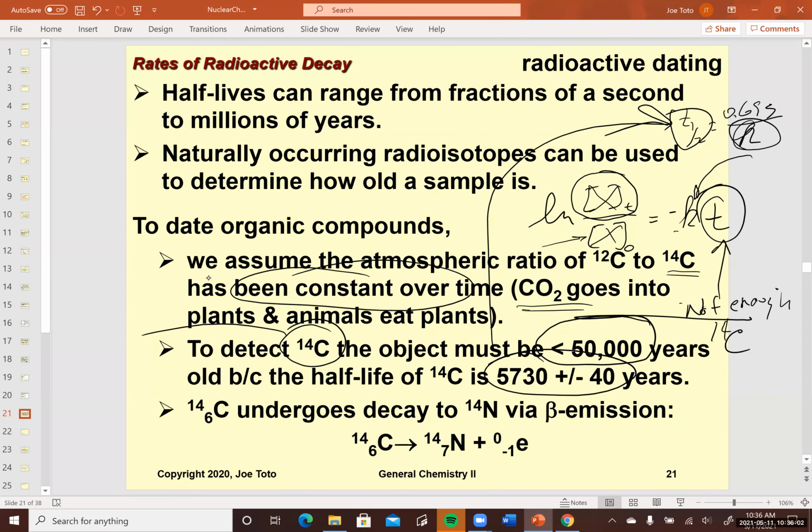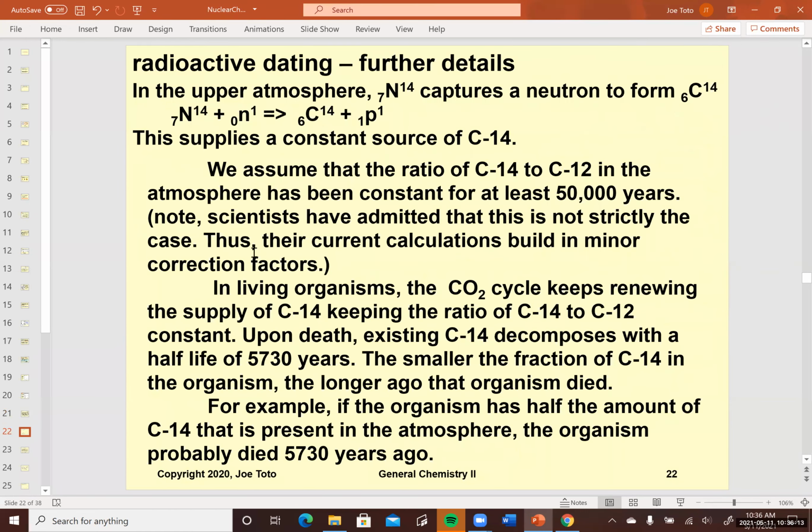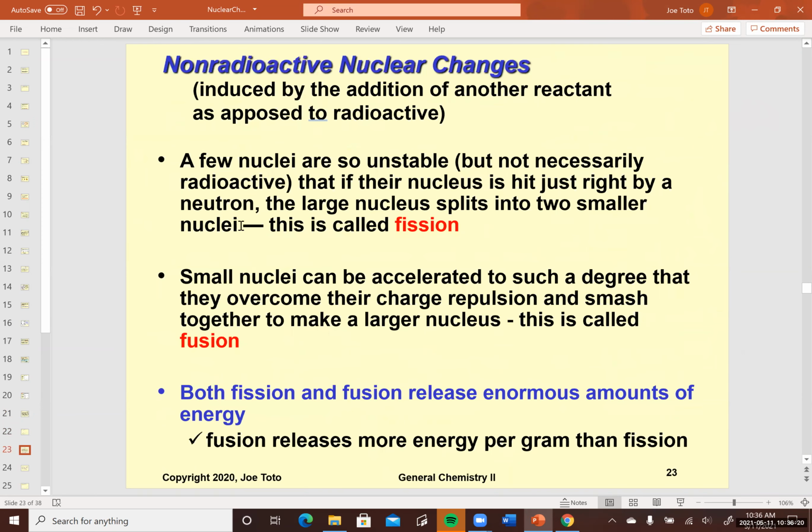So it has its limits. Anything that's older than 50,000 years can't be dated using this process. All right, so I think this just fills in some of the gaps in my explanation. You can read that.